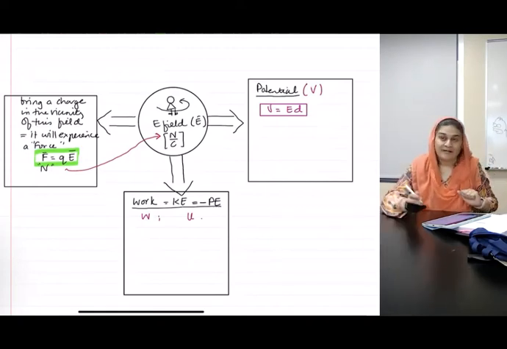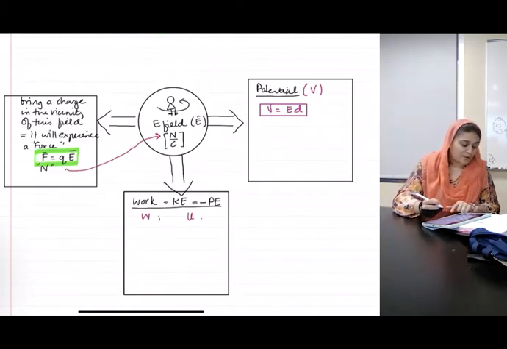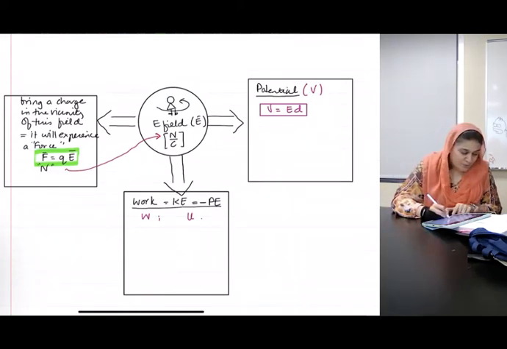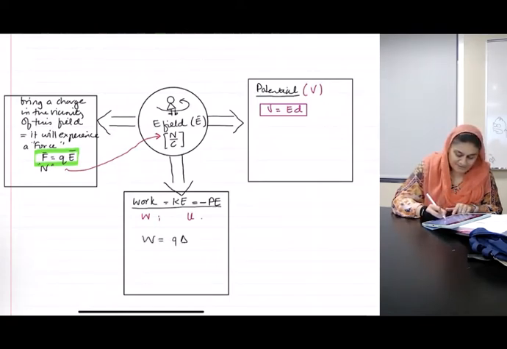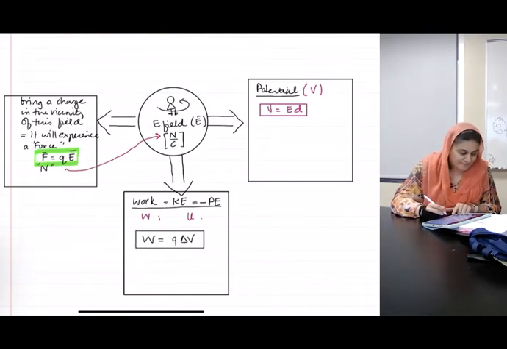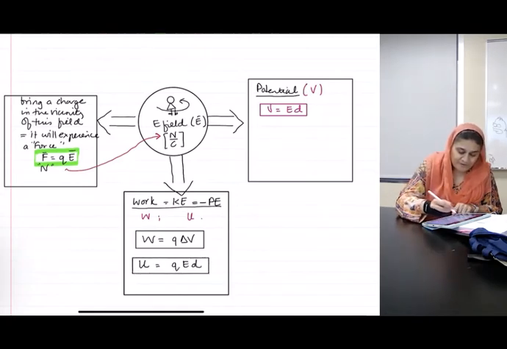And then how do we define work or potential energy? So work can be defined as Q delta V. That's how most textbooks define it. And U, which is the potential energy, is defined as QED. Do you see the relationship developing between this and this?